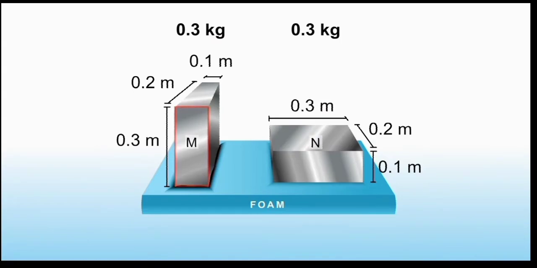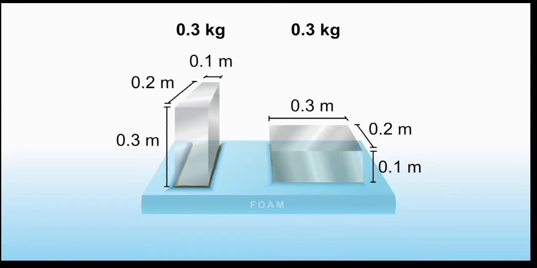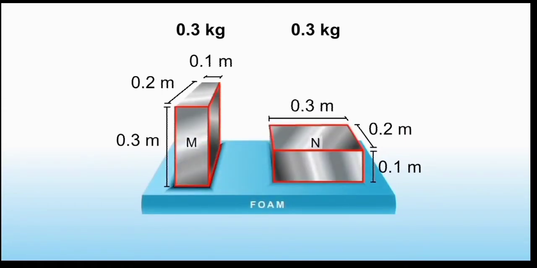Block M was placed vertically over the sheet of foam, while block N was placed horizontally. The weight of blocks M and N being equal, the force exerted by the blocks on the foam was equal as well. But the surface area of contact for each block was different with the surface of the foam.